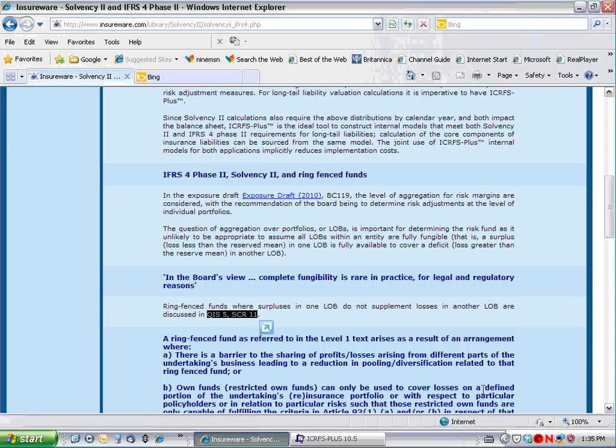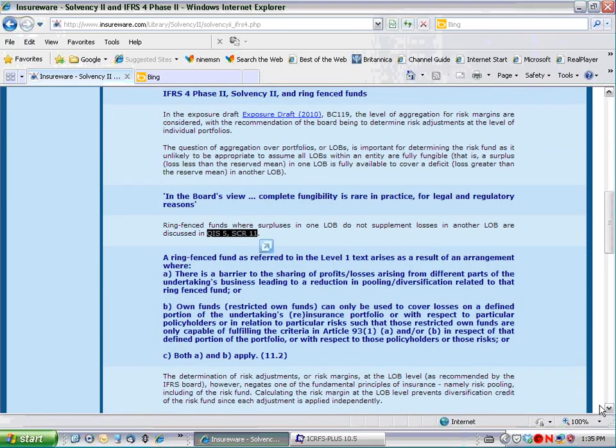Now, what does fungibility actually mean? If you've got 2 LOBs, typically if you get full risk diversification credit and you look at the distribution of the aggregate of these 2 LOBs, you are implicitly arguing that a loss in one LOB that is less than the mean, let's call that surplus or profit, can be used to pay for losses in the other LOB that exceed the mean.